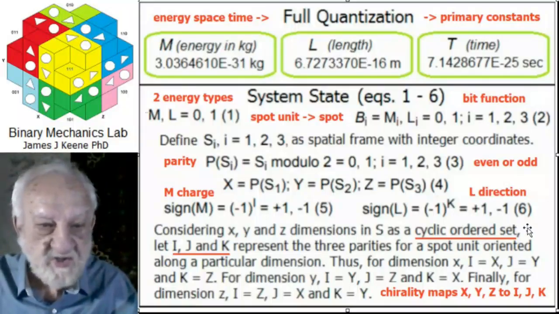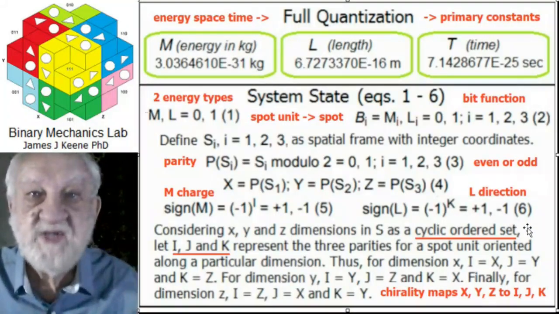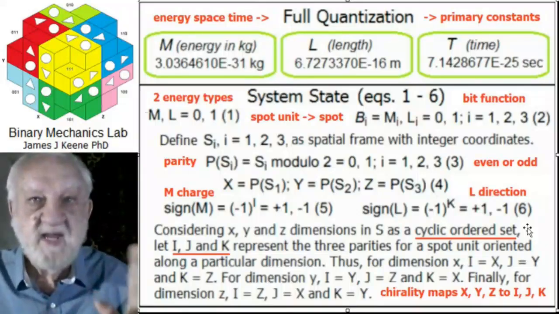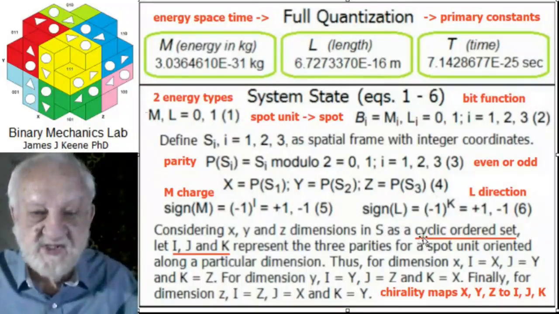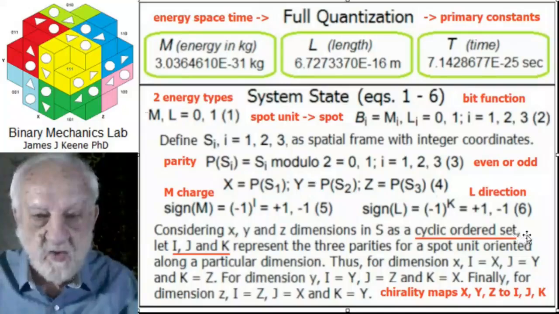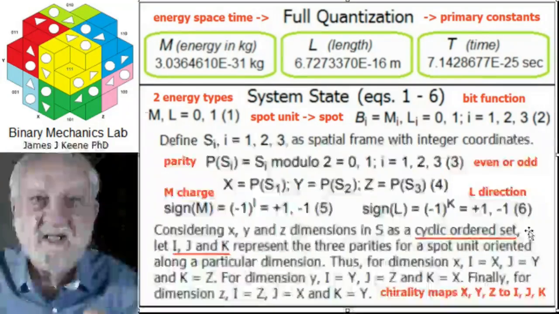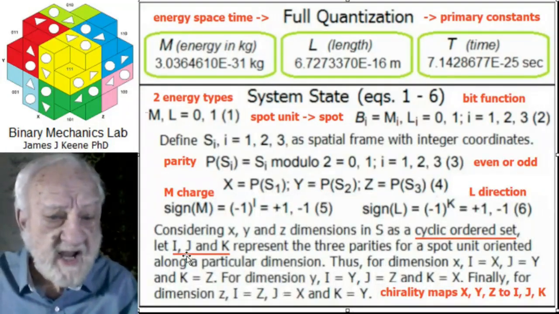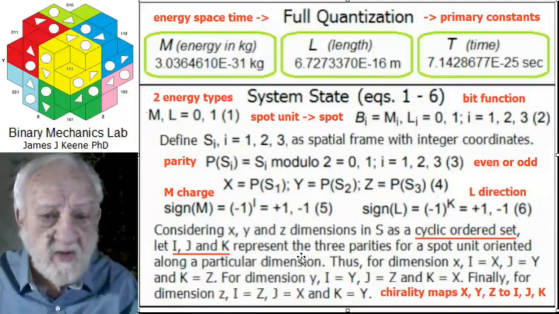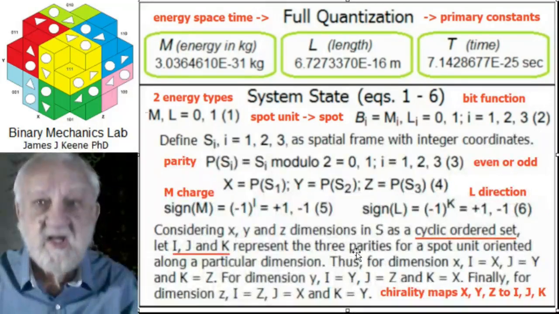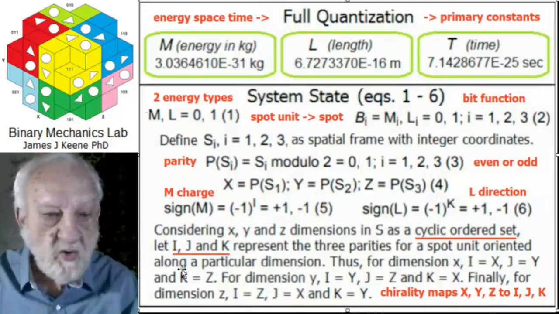Next, let's consider the X, Y, and Z dimensions in our space S as a cyclic ordered set, or what we call chirality. We're going to let the I, J, and K represent the three parities of each spot unit oriented along a particular dimension.